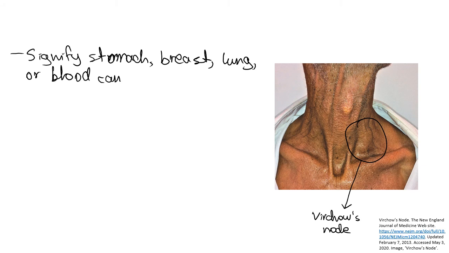So as you can see, this is a very good marker for a lot of cancers, and a lot of cancers who are especially quite virulent and quite dangerous. So as you can see, identifying a Virchow's node early is very, very important. In addition to cancers being identified, infections of the arm, so maybe some bugs being present within the arm, can also present with an enlarged Virchow's node.